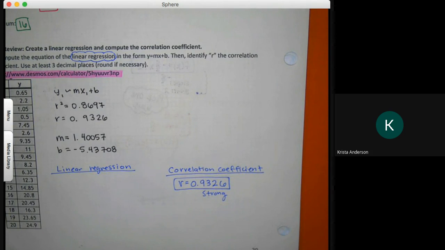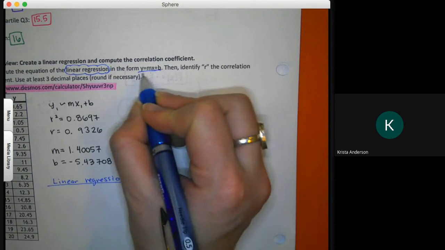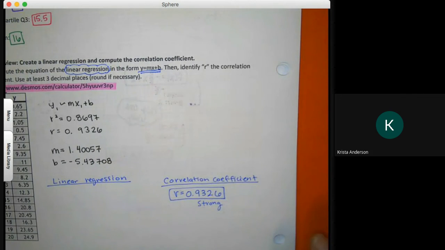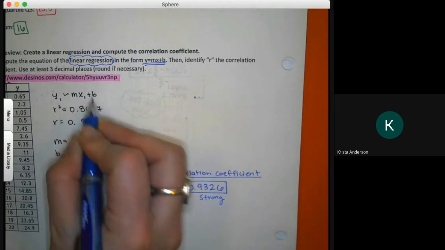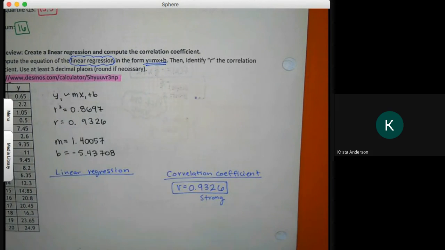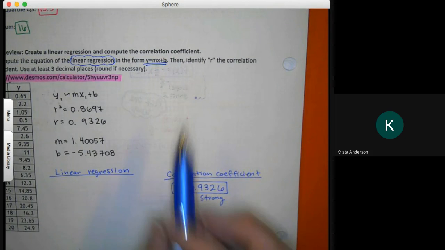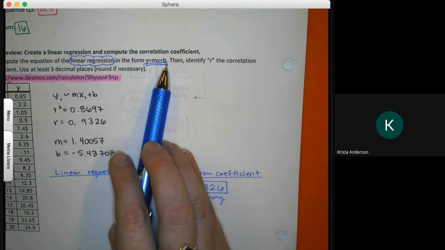Who would like to try the linear regression? That was good for the correlation. What would linear be? It gives you a little tip right here. And it gives you a tip right here. What was it? Would be y. What would the b?